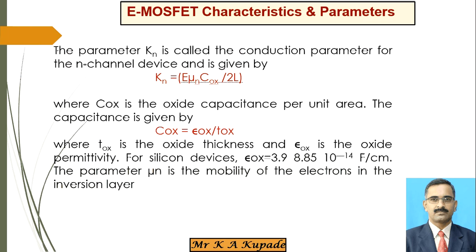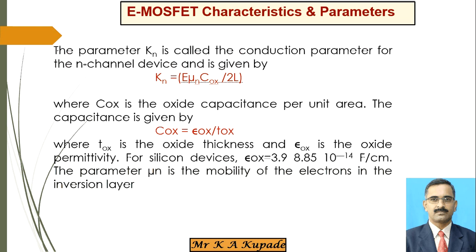Now this is the parameter. The Kn parameter is called the conduction parameter for the N channel, and it is given by Kn equals W, the width, times mu n COX divided by 2L. L is the length.